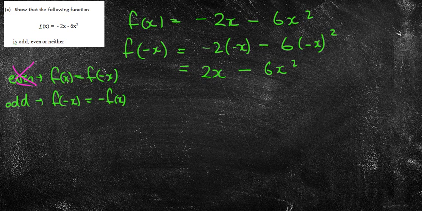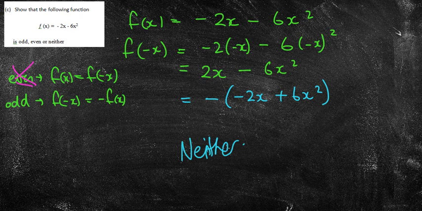So if I want to see if it's a negative function, well, let's take a negative out, and then I'm left with minus 2x plus 6x squared, which again is not what I've got in here. Okay, it is different, therefore this is neither odd or even. Okay, so again though, I've kind of shown that's the fact.